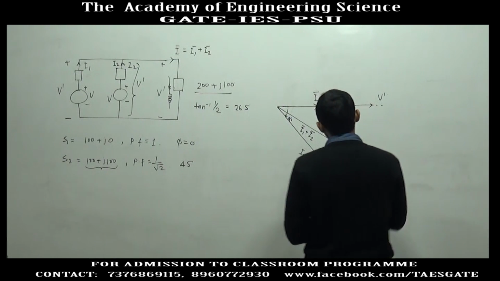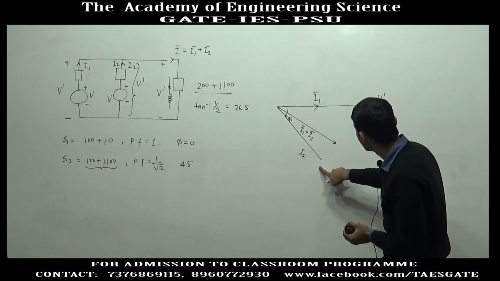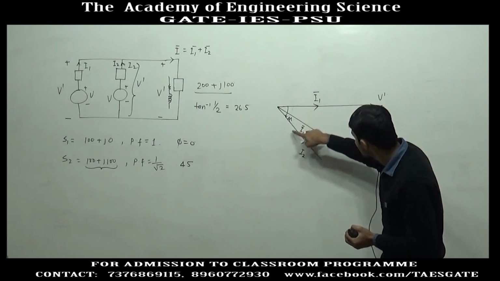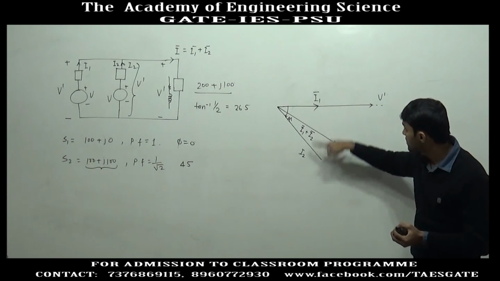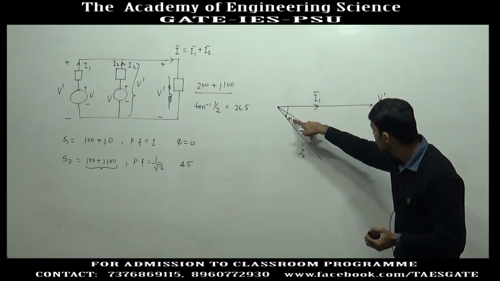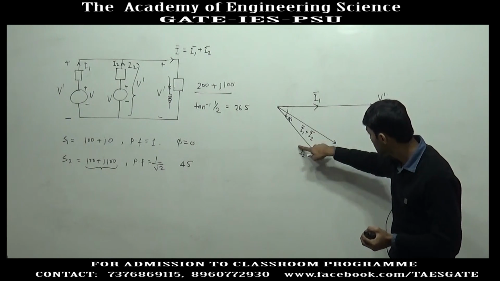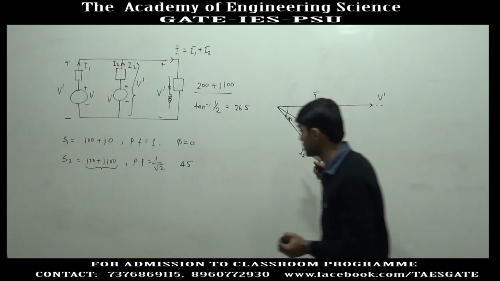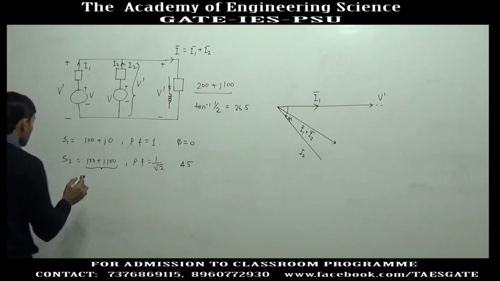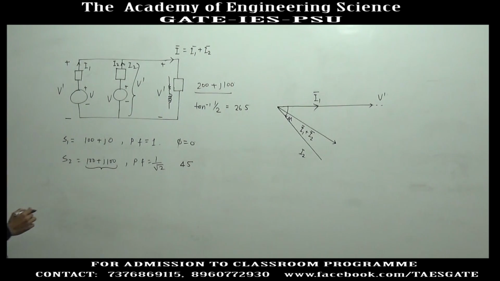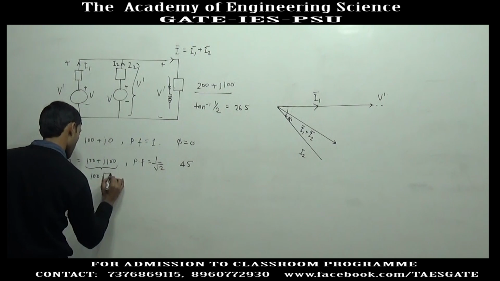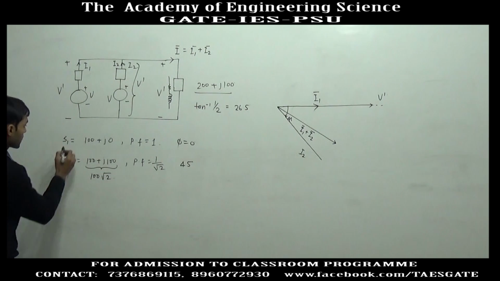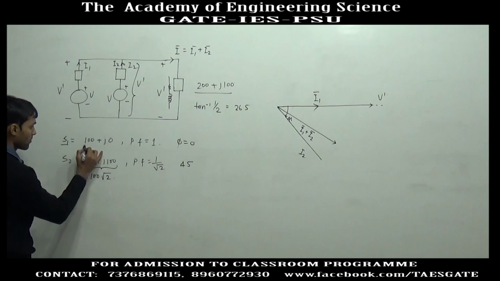Now, in the phasor diagram you have the directions of I2, I1 and the total current I. You have to adjust the magnitudes so that the vector sum of these two currents lies in this direction. Also, the magnitude of apparent power here is 100 root 2 and the magnitude of apparent power here is 100.